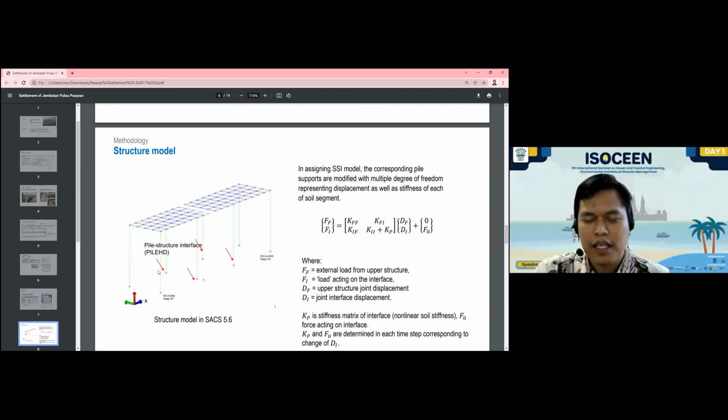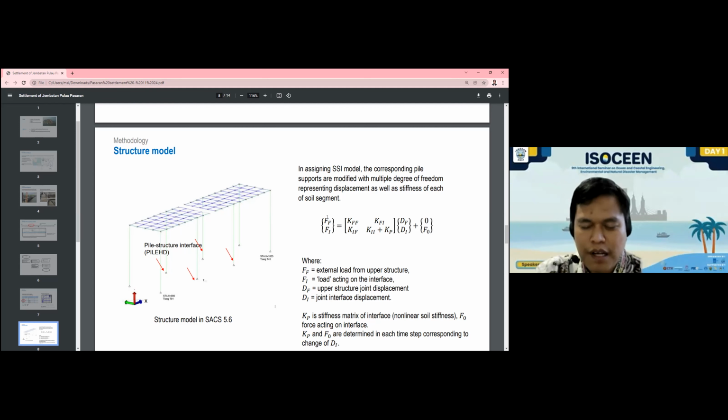And in assigning the SSI model, the corresponding pile supports are modified with multiple degrees of freedom, or DOF, representing displacement as well as stiffness of each soil segment. And this is the stiffness matrix employed by the software, which is common in structural analysis, which employs the stiffness method.